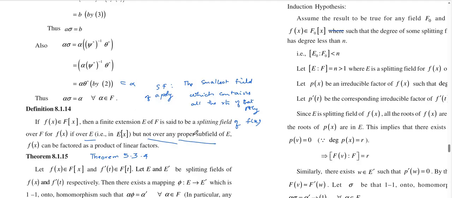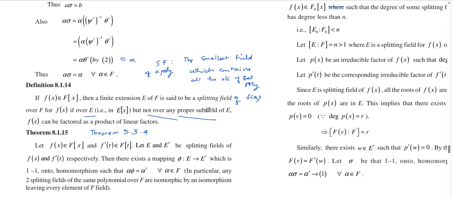Over E but not over any proper subfield, which means this is the smallest field which contains the roots. So can be factored as a product of linear factors means you have the roots lying in that. So it is the smallest field which contains all the roots of that particular polynomial, whichever you are speaking of as the splitting field of a polynomial. So the uniqueness we will have in the next video. Thank you.